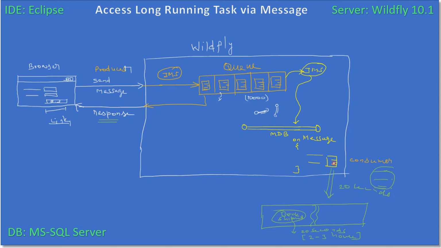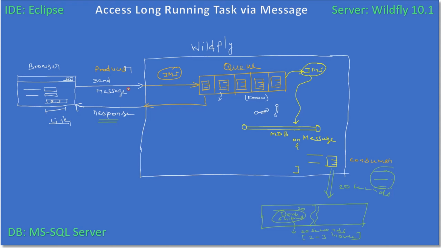Here the long running task is moved, in the sense that since the browser is not directly calling it, it is moved to the MDB. So MDB is making the call to book shipment. Still the same stateless session bean is taking the time, but the call is from on message, not directly through the servlet or JSP.